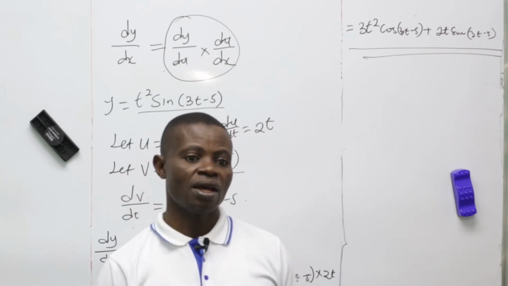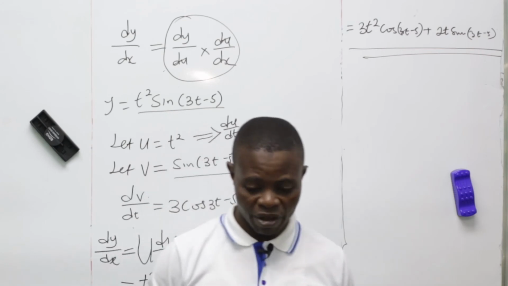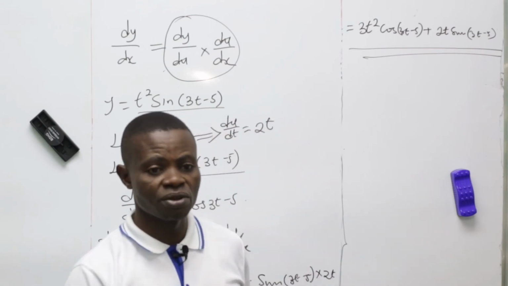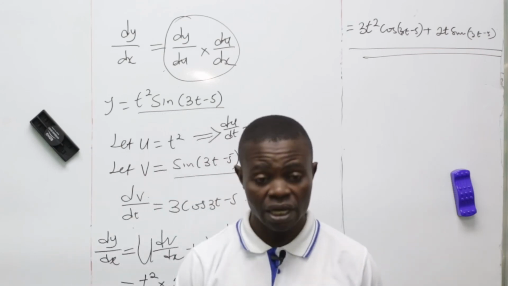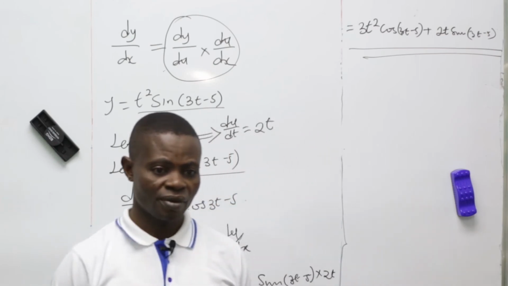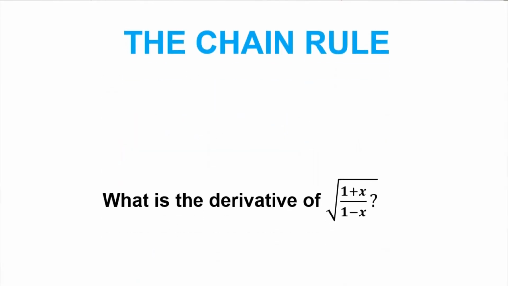So another one before we make use of our exam guide. What is the derivative of the square root of (1 + s) all over (1 − s)?